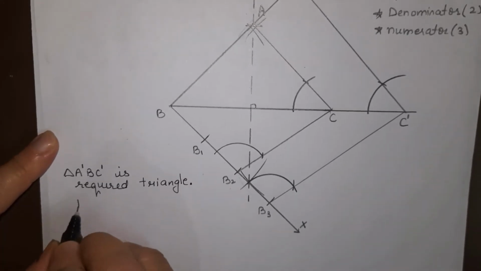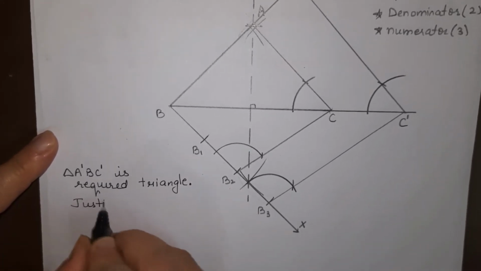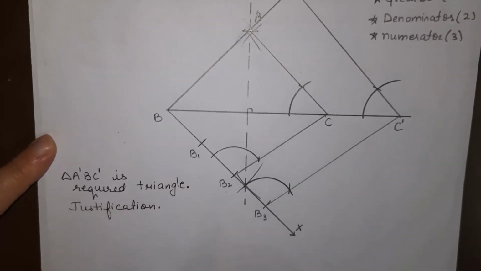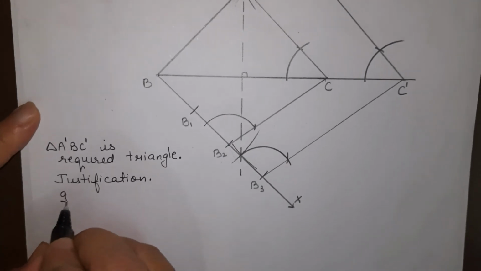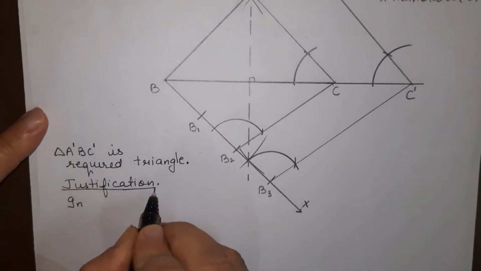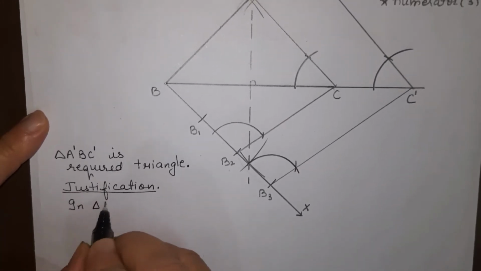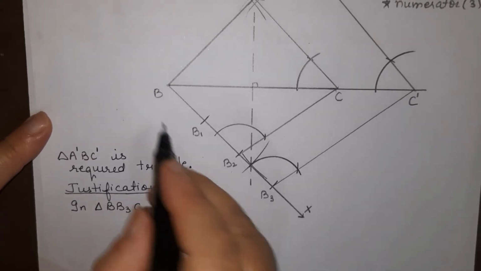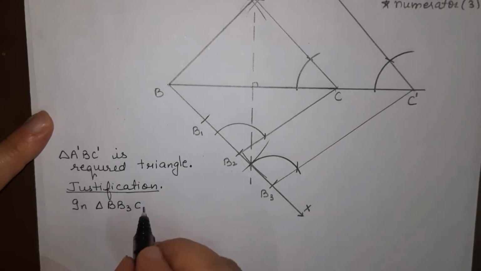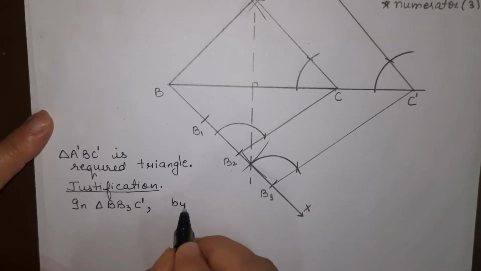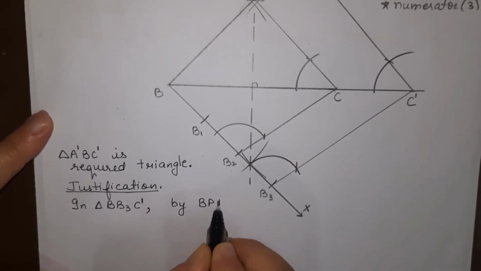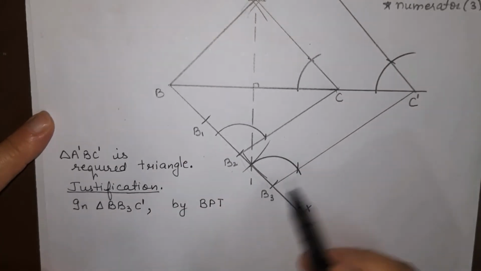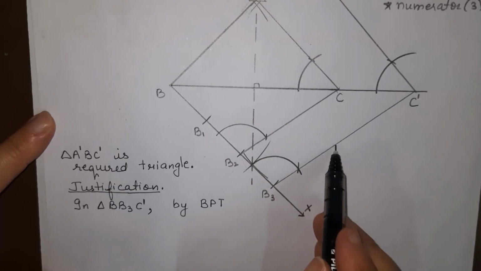Now we have to write the justification part. So for justification, in triangle B, B3, C dash, we have by BPT, basic proportionality theorem, this is parallel to this, see. In triangle B, B3, C dash, this is parallel to this.